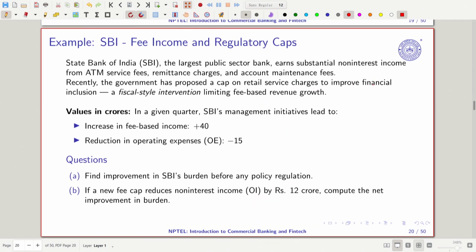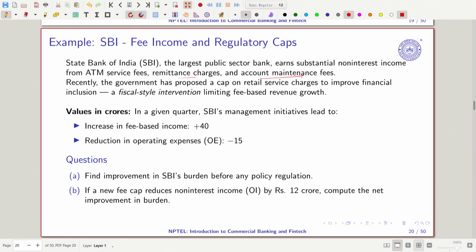Now, suppose we take SBI, the largest, and we are now going to see the non-interest income and expense. Here we can see that SBI, the largest public sector bank, earns a lot of non-interest income from ATM service charges, remittance charges, account maintenance fees and others, right.